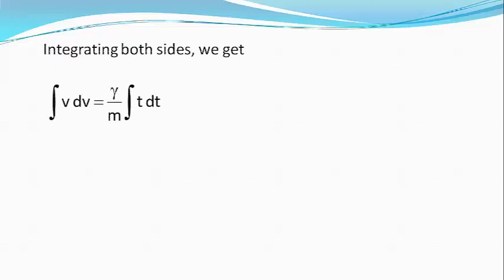Integrating both sides, we get integral of v dv equals gamma divided by m into integral of t dt, or v squared equals gamma/m into t squared plus c.